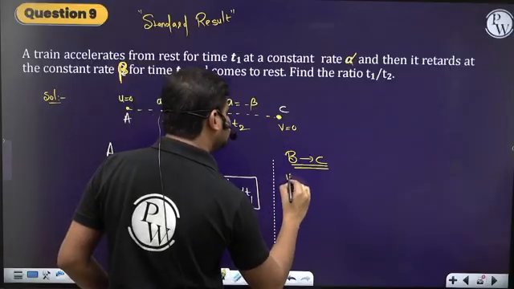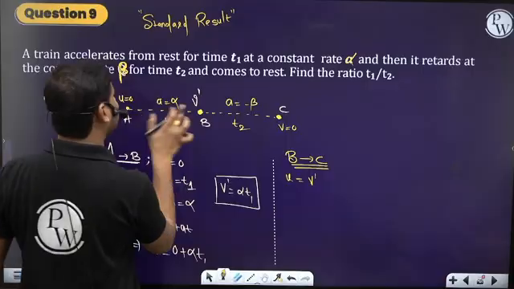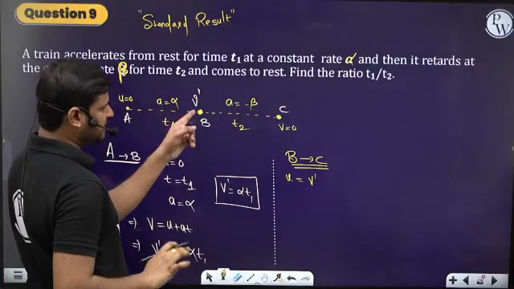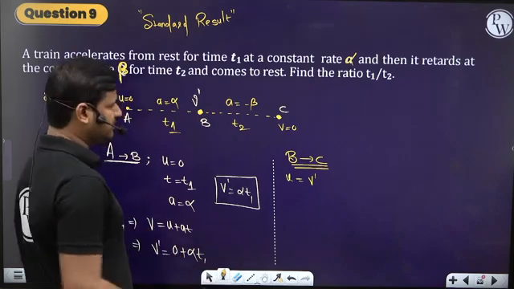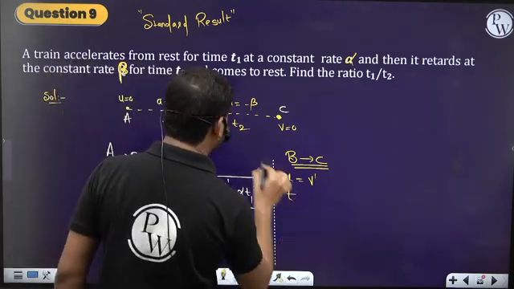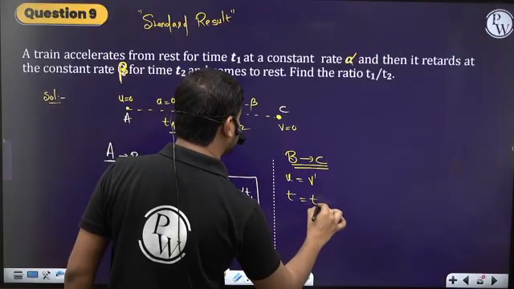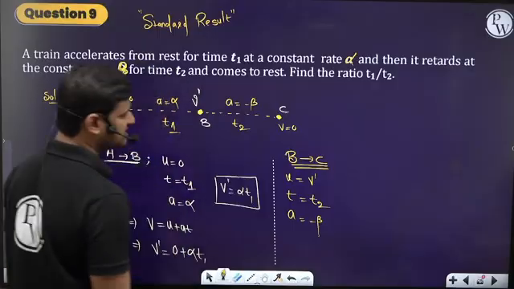The body is accelerating until here, and then from here it is decelerating. That's why the initial velocity from B to C will be equal to the final velocity of the previous part, which is v dash, right? The time taken from here to here is t2, already given, and the acceleration is minus beta.